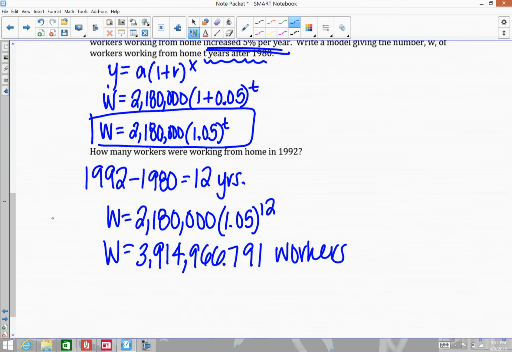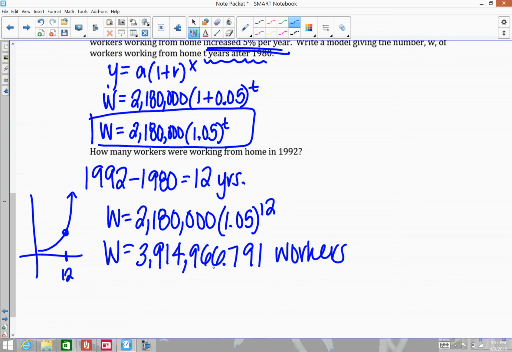But since this is growth, if you think about this one on the graph, you're gradually increasing. So if I'm looking at after 12 years, let's say this is after 12 years, if I'm growing, in order for this to actually work, I can't round this up, even though this is a 7, it would push the 6 up to a 7.